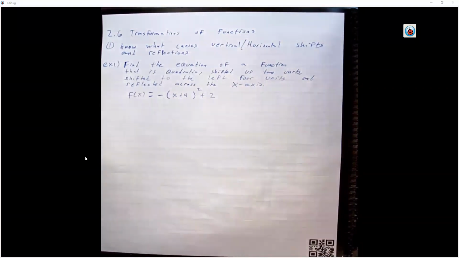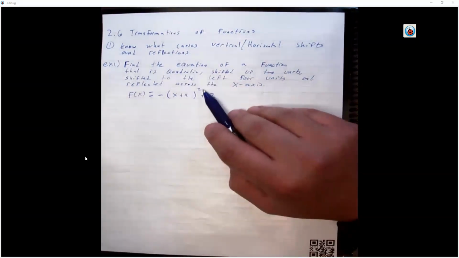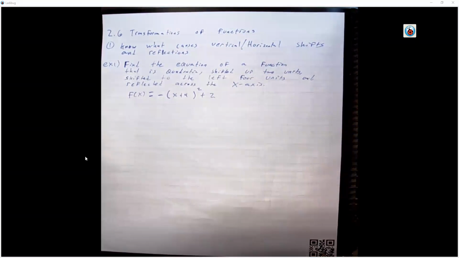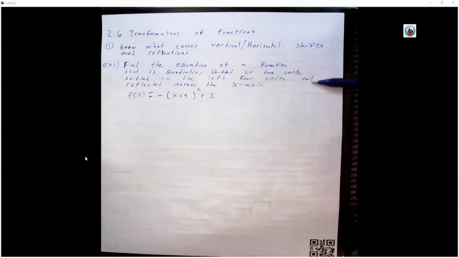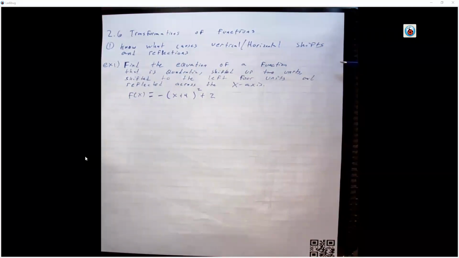Find something like this on your test for sure. I might ask for cube or square root. It's going to be the exact same thing, it's just a different function, right? So instead of a square, you might have a 3 or square root. Is it clear as to what I'm asking here? Is the negative what makes it reflect?